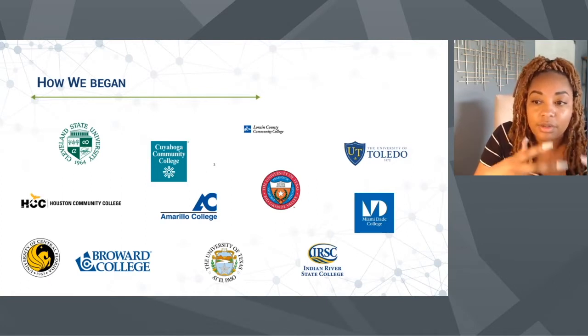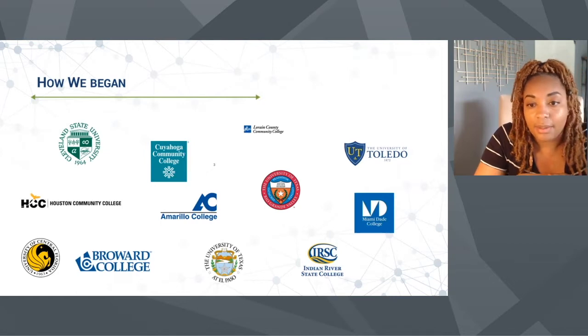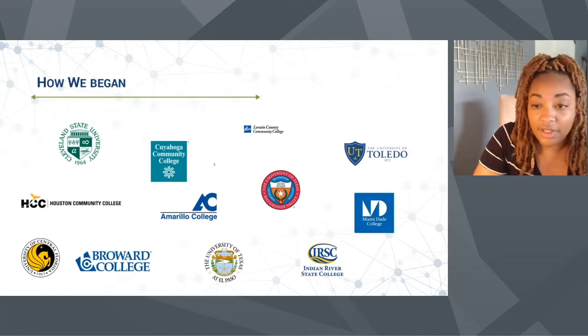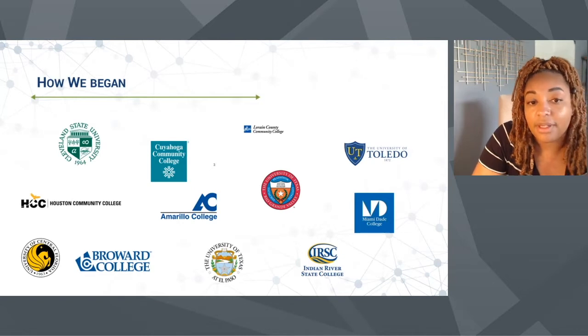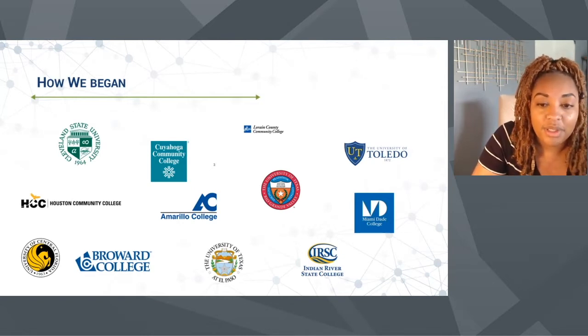And when we started this work, we began with a focus on adaptive courseware specifically. One of our first major projects as a network was done in partnership with Achieving the Dream and also the Association of Public Land-Grant Universities, or APLU, which are two of our partner organizations. And the goal of the project was to support 12 institutions in the redesign of introductory courses using adaptive courseware.